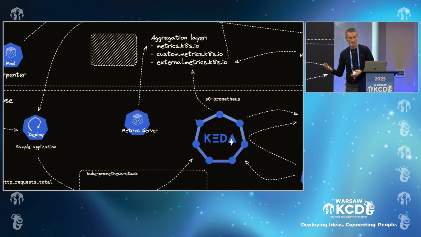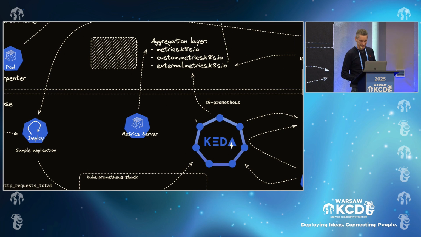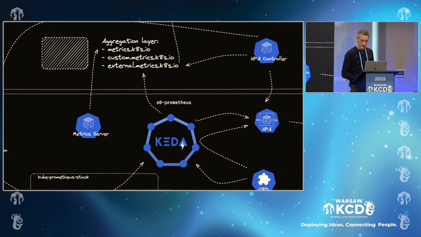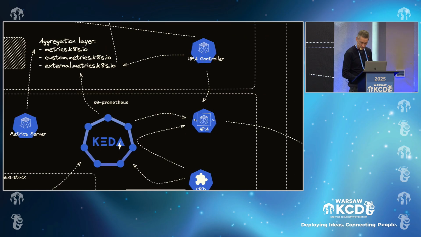It will increase the number of pods, which will happen, hopefully, in my demo. Just because we are looking at it, generally the metrics that KEDA exposes are prepended with s0, which stands for scaled object, just for avoiding naming conflicts.